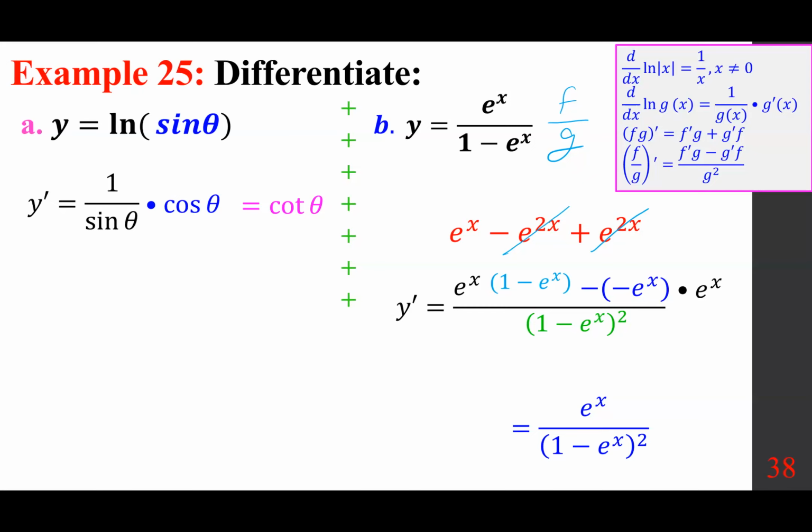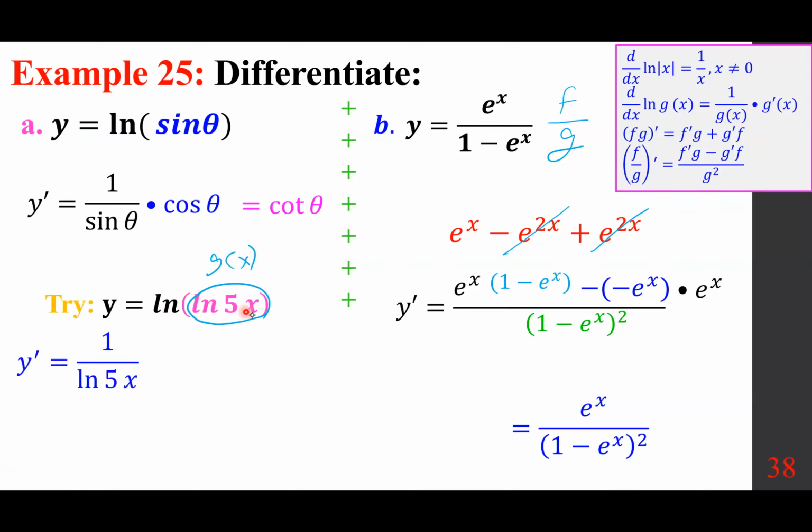All right, let's try this: ln of ln of 5x. If it helps, literally change the inside to g of x. That means 1 over g of x times g prime of x. So 1 over ln of 5x.